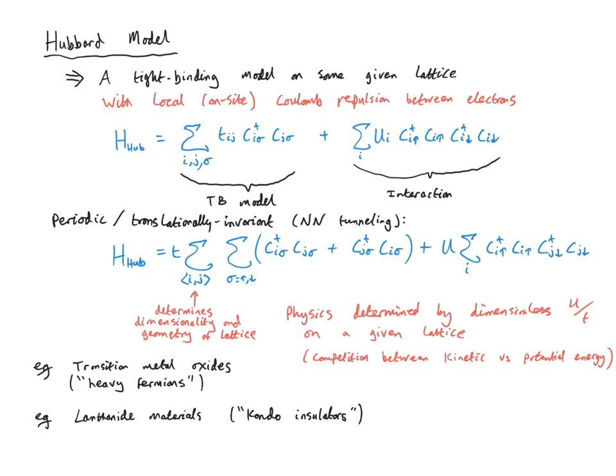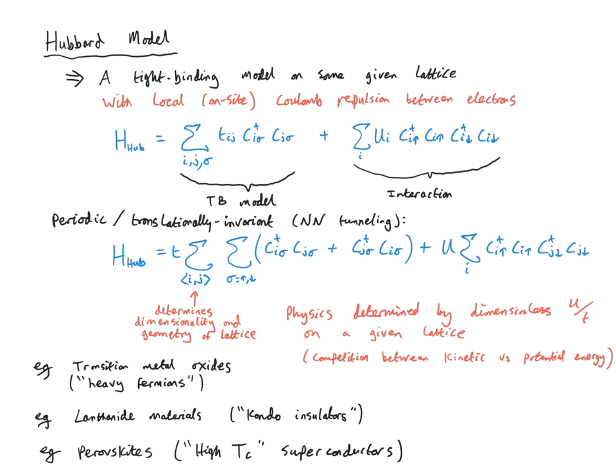And these Hubbard models also, probably most importantly, describe high-temperature superconductors. For example, the perovskite materials. In particular, these high-temperature superconductors have copper oxide planes.